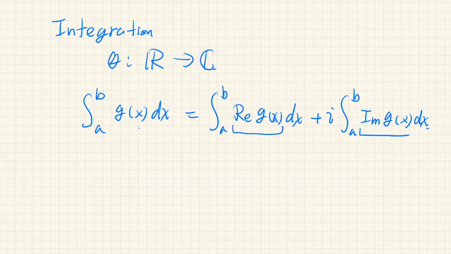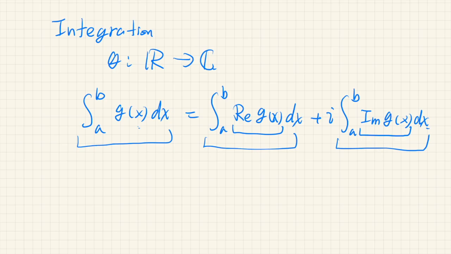Okay, again, this is a real function. So if these integrals are defined, I mean, if they converge, then we can define the integral of this complex valued function. And that's, I think, straightforward.